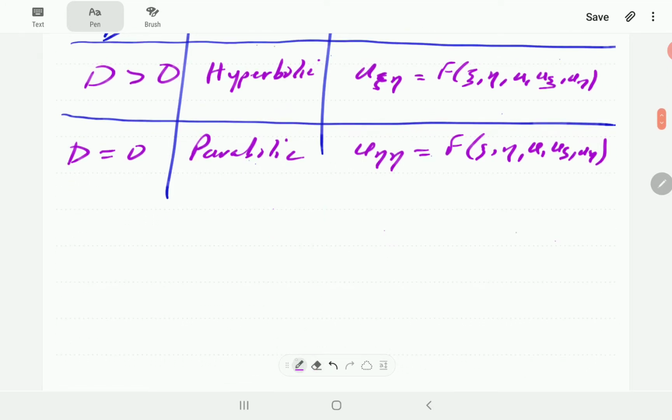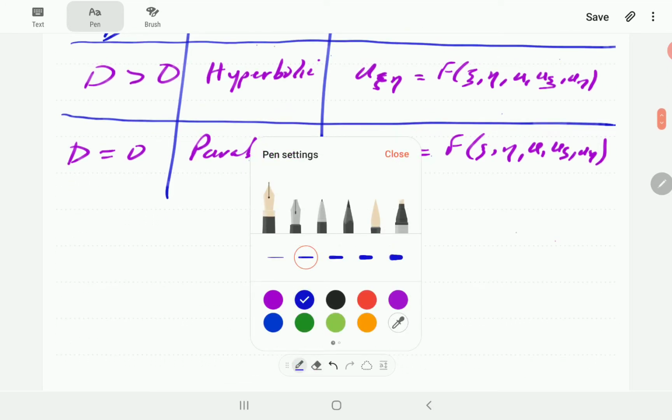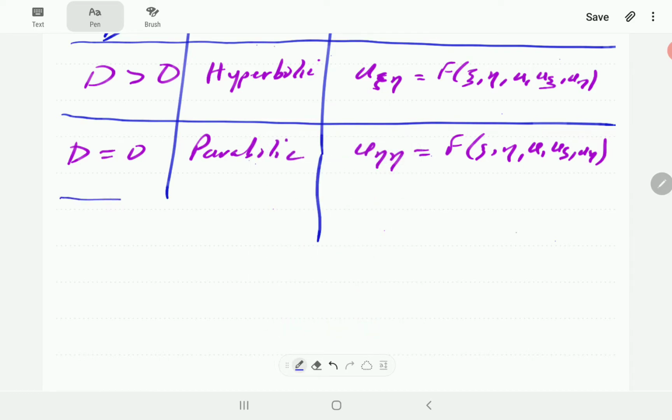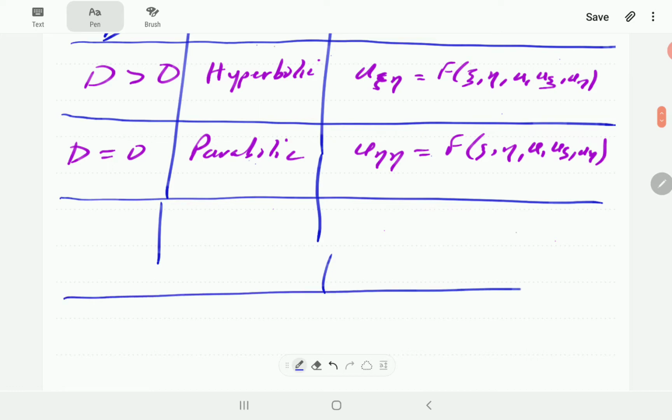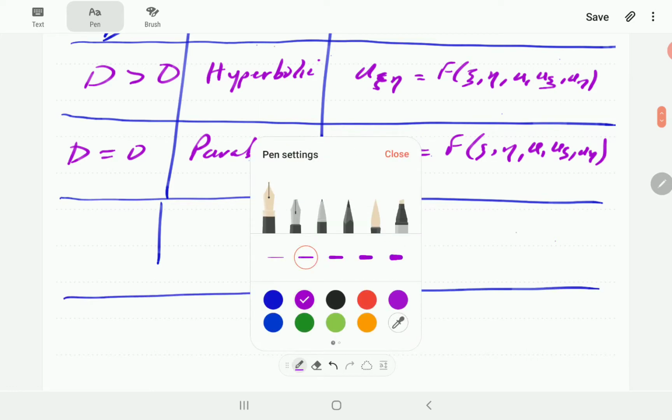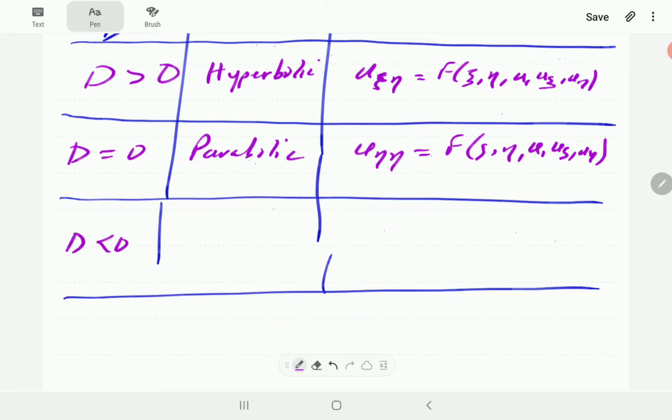And then the last possibility is when D is less than 0. So when D is less than 0, the PDE is called elliptic.